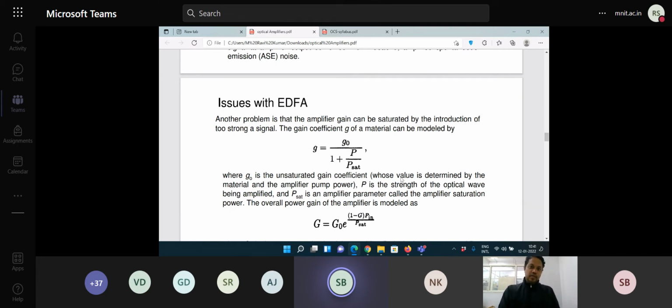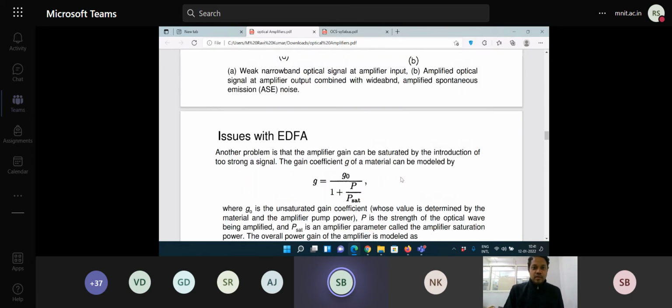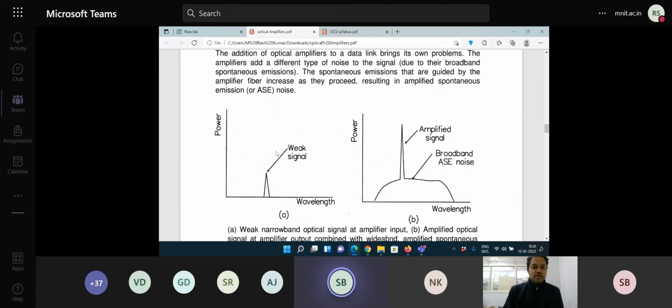Another problem is that the amplifier gain can be saturated if the input is, let's say, of the order of 100 microwatts. So it's a decent input power. When we have 100 microwatts at the input, the power which it can transfer to the wavelength of 1.55 nanometer would be limited.